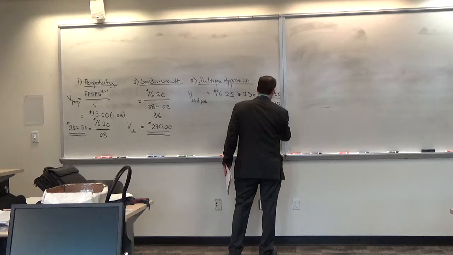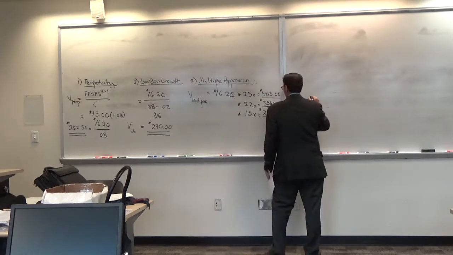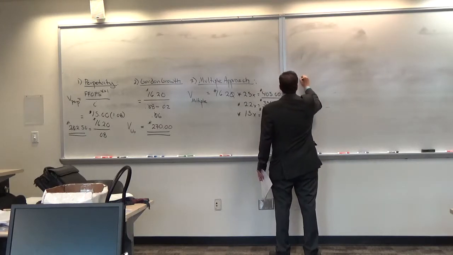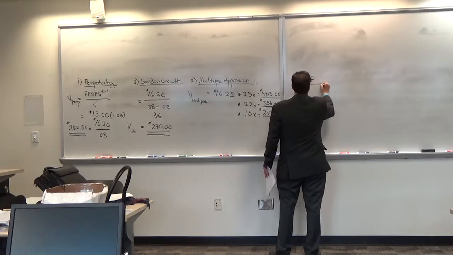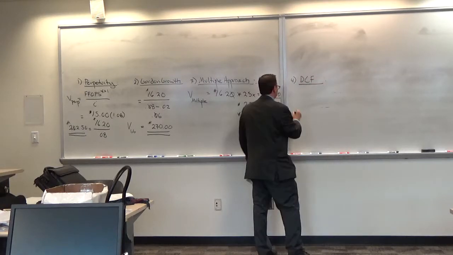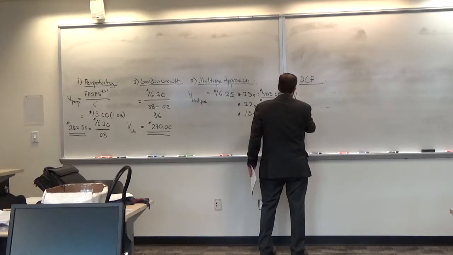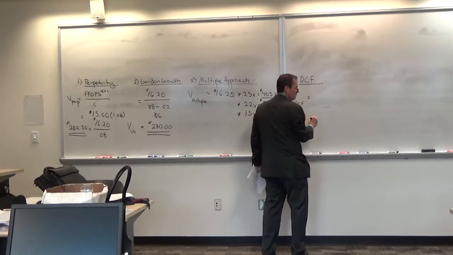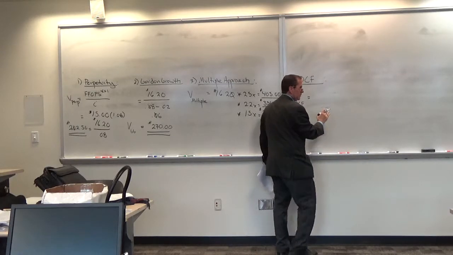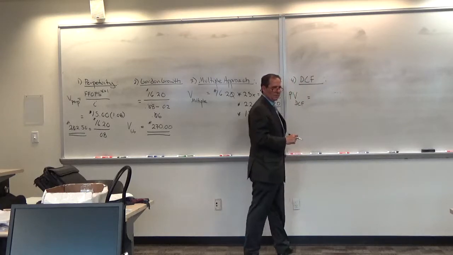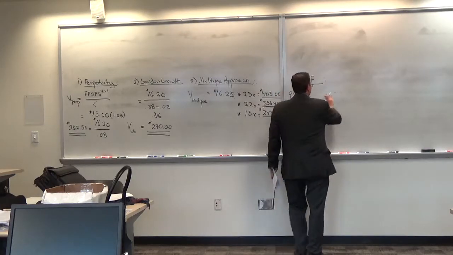Yeah. What's the next method? DCF. What are we trying to calculate? Present value. What's the first thing we need to know? What's the holding period? 5 years.